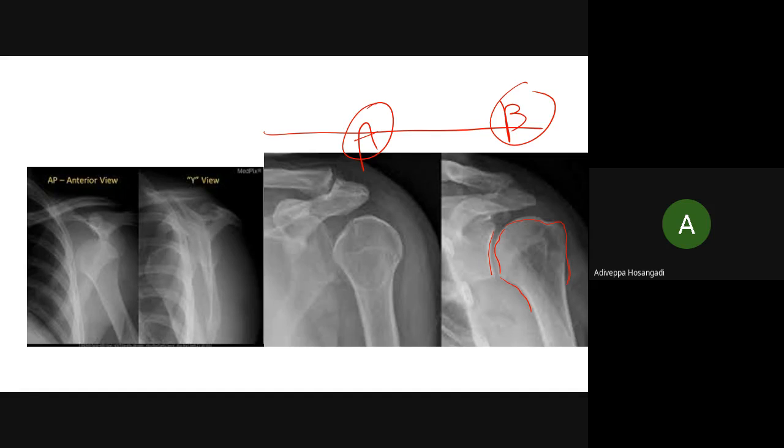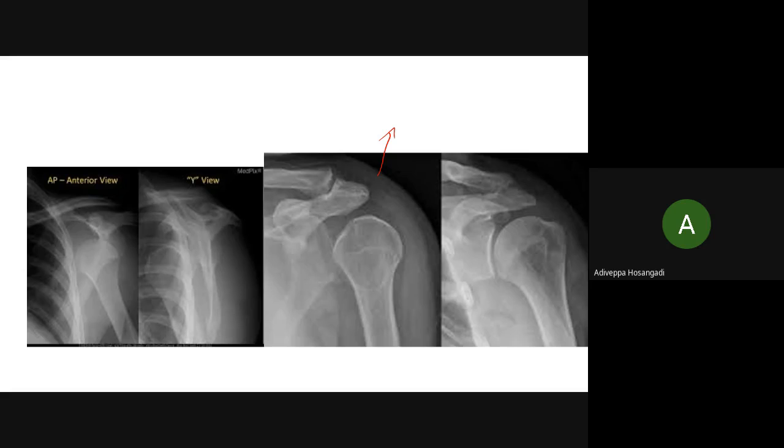Look at the proximal humeral head. What has happened here? The proximal humerus appears to be completely internally rotated. This is one classical sign. It might appear as an image-based question for you tomorrow.